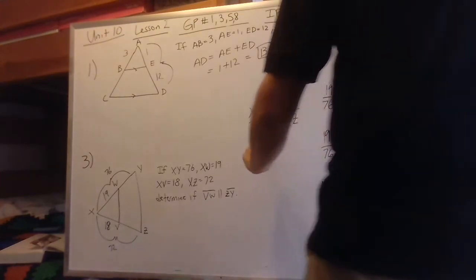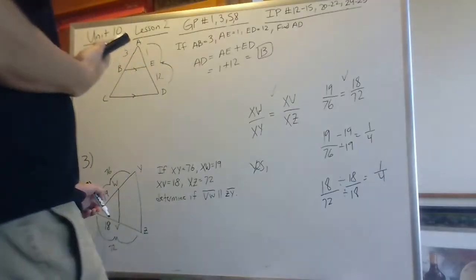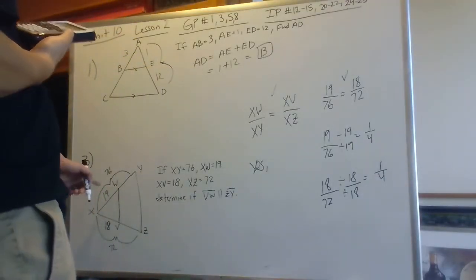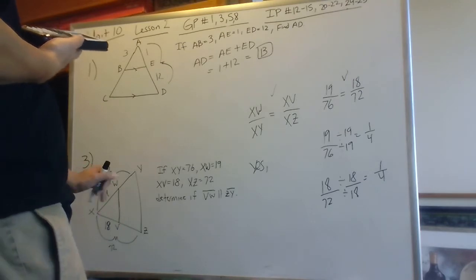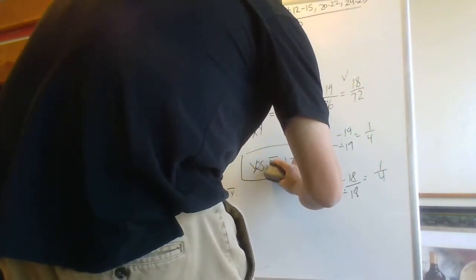So yes, we have proven because the proportions of the sides of the smaller triangle to the larger triangle are equal to each other. So yes, VW is parallel to XY. So that is number 3.